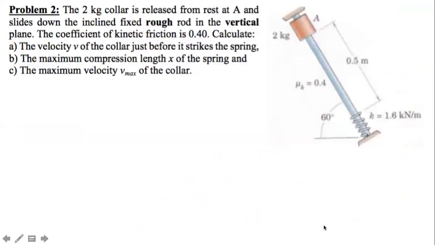Let's move to the next problem, which is problem 2. In this problem, we say that we have a 2 kilogram collar. So the mass is 2 kilograms.